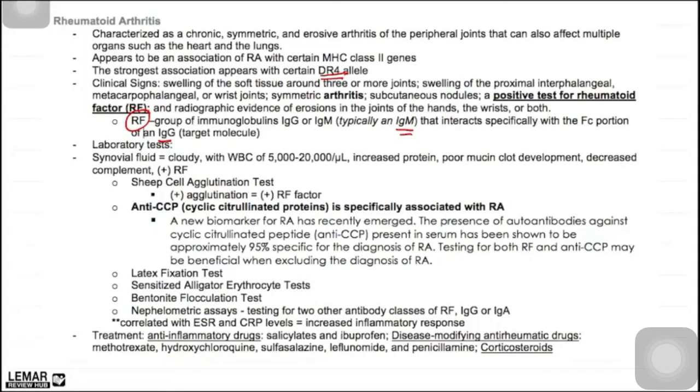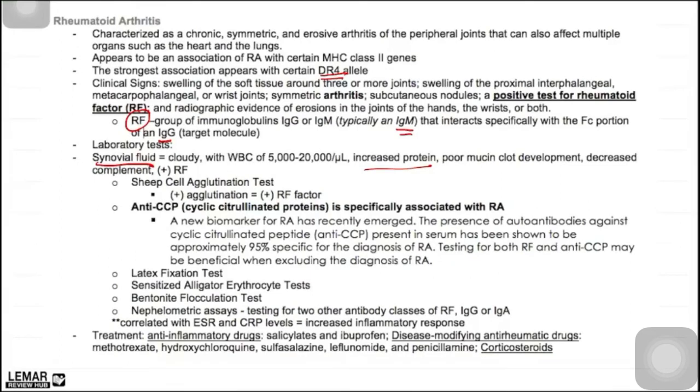This is detected by testing synovial fluid. The synovial fluid macroscopically appears cloudy, indicating a high amount of protein and also a high WBC count of 5,000 to 20,000 cells per microliter. What are the other presentations of the synovial fluid of a rheumatoid arthritis patient?